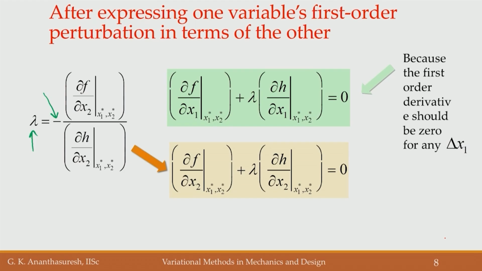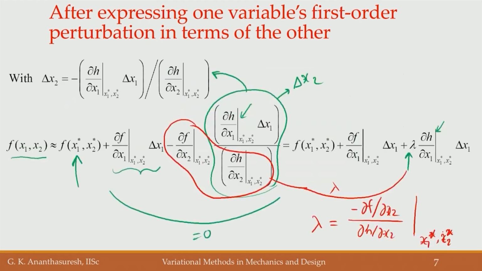Lambda is defined that way, and then we said that dou f by dou x1 here. So, this term here. So, we said that the first order term, this whole thing here, must be equal to 0, because for any perturbation delta x1 we do not want the function to change.